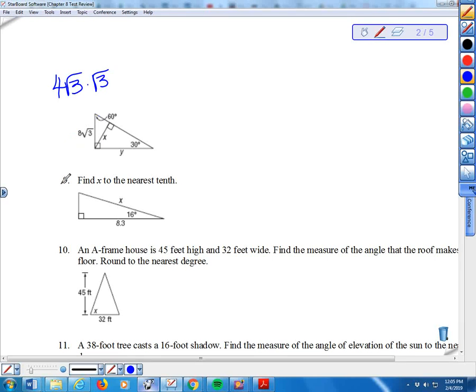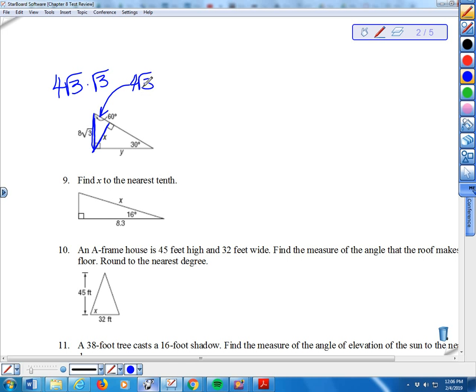So I have this 30, 60, 90 triangle. I'm given the hypotenuse. I'm wanting to find the side opposite the 60. So I want to get to the side opposite the 30 first. To get that side, I just divide by 2 from the hypotenuse. So the side opposite the 30 is 4 square root of 3.